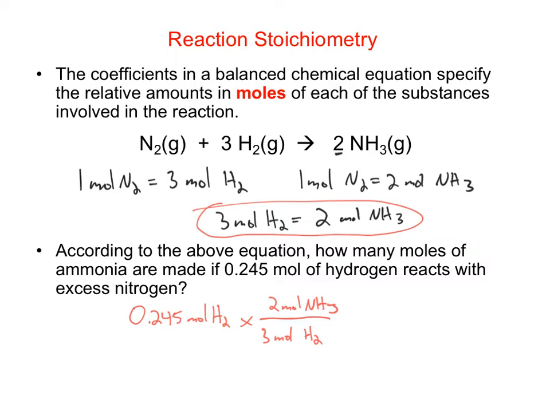If I just used moles, I wouldn't know if I was talking about moles of H2 or moles of NH3. And so we have to be specific. Moles of H2 will cancel with moles of H2. And so my final answer is going to be moles of NH3. So 0.245 times 2 divided by 3, and I get to 3 significant figures 0.163 moles of ammonia.